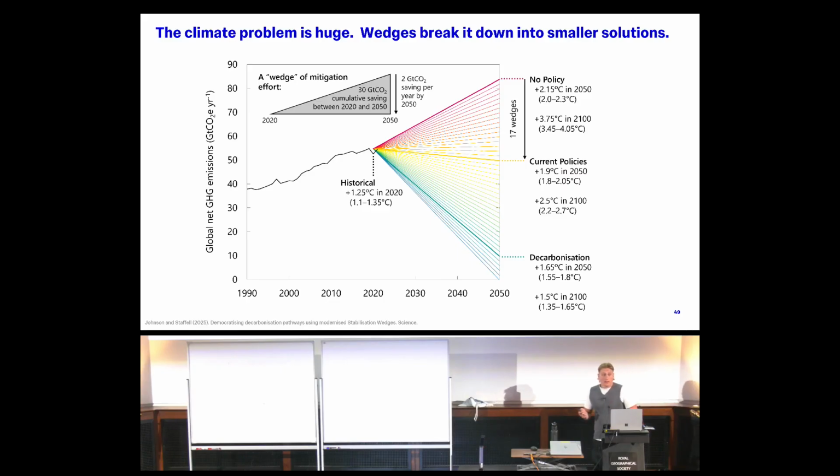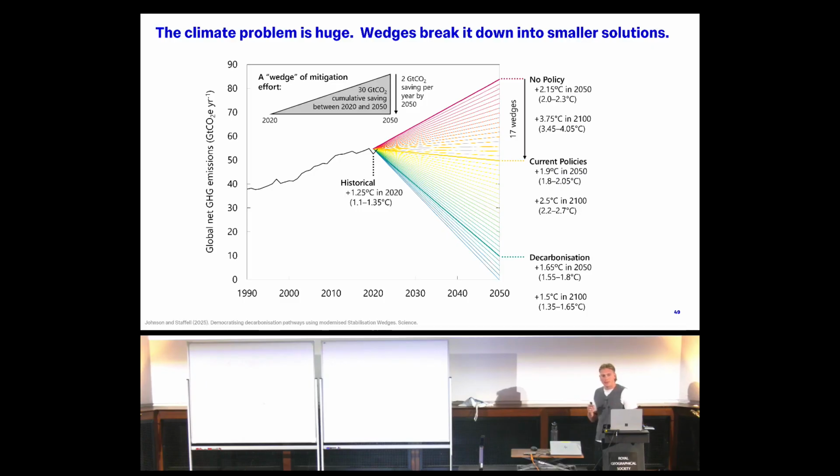So between the no policy and current policy scenario, we see that current policies are delivering around 17 of these wedges. That's all of the policies that we've stated and enacted today, be it renewable energy targets, be it commitments to reduce deforestation, so on and so forth.